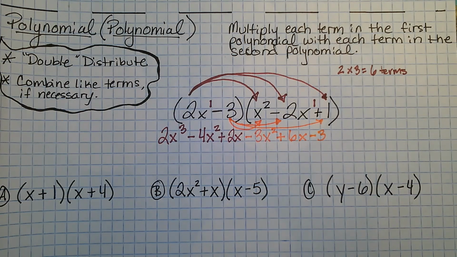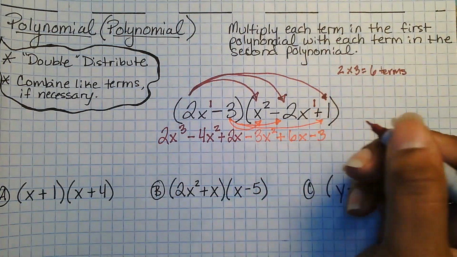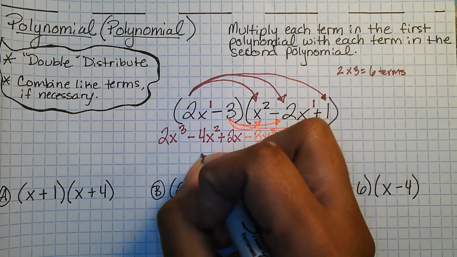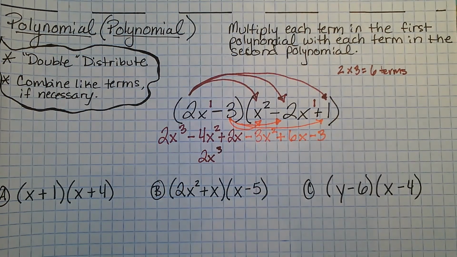Now this is not our final answer. Of course, we need to combine like terms. But when you organize the polynomial that you get as your answer, go ahead and put it in standard form. So I'm going to start with the highest exponent first. I see we have a degree 3 right here. So this will be 2x cubed. Then we can combine the squares.